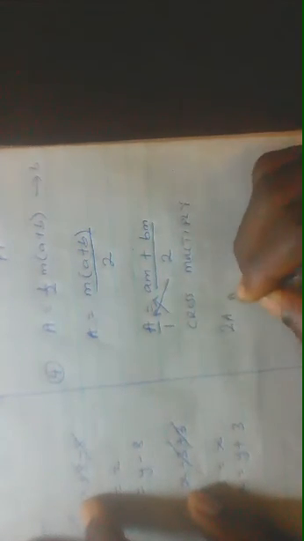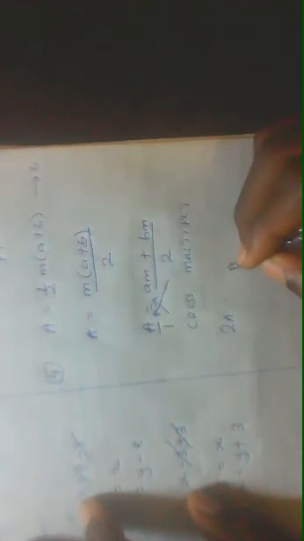This multiplies the number at the top, and then this multiplies this. So you are going to have A times 2 gives you 2A equals this times 1 gives you AM plus BM.